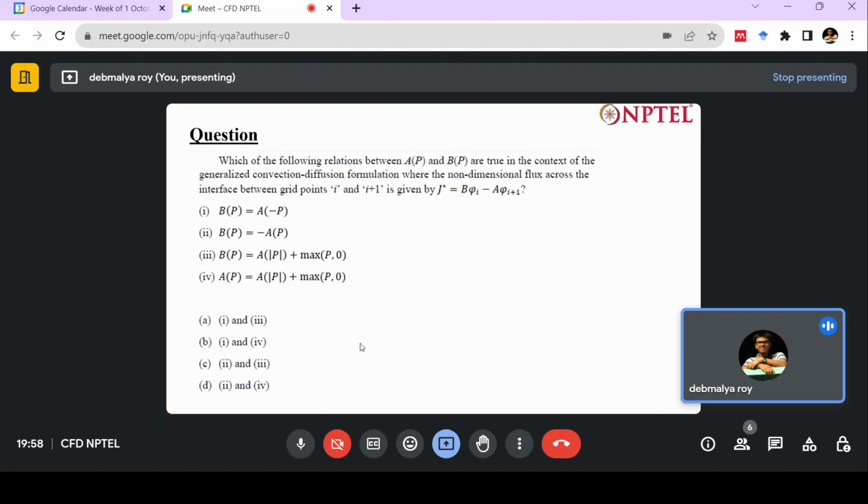Remember P relates to the flux at the interface. If I take the interpolated value of phi at the interface, then the value of the flux will be computed using P. So if the sign of P is changed, that means the flux has been reversed. So in that case, what would happen?